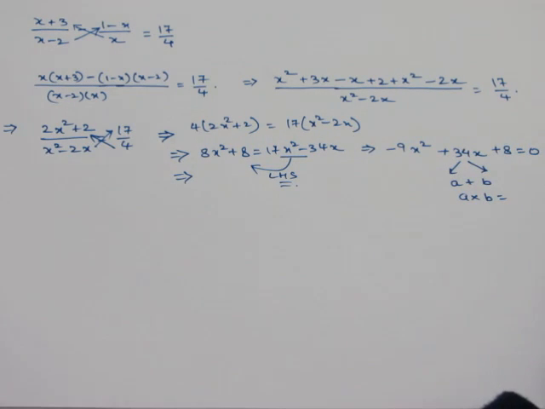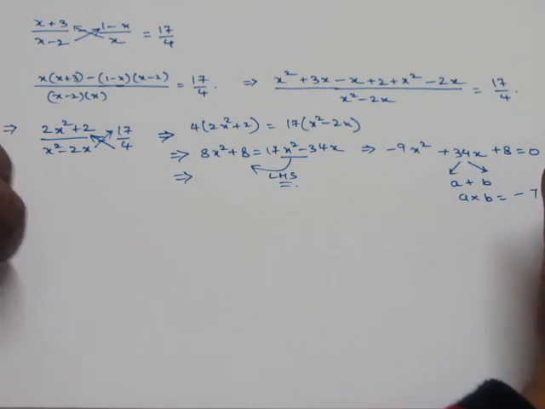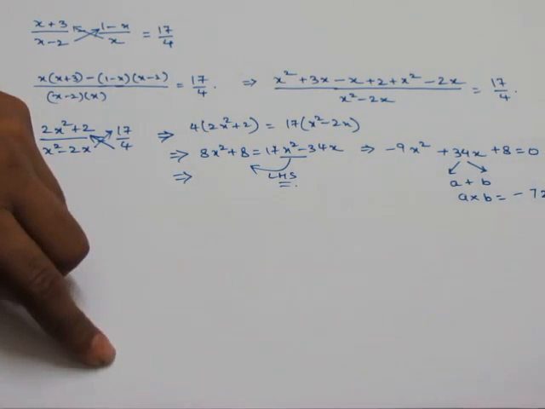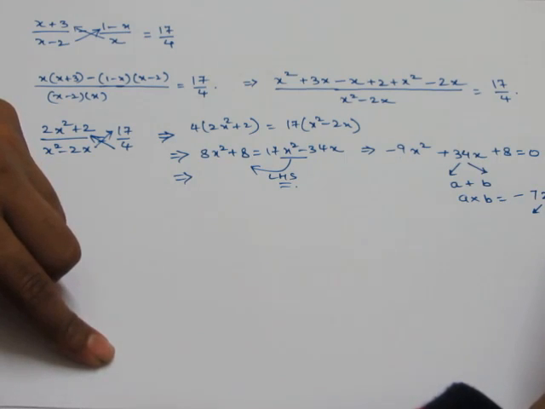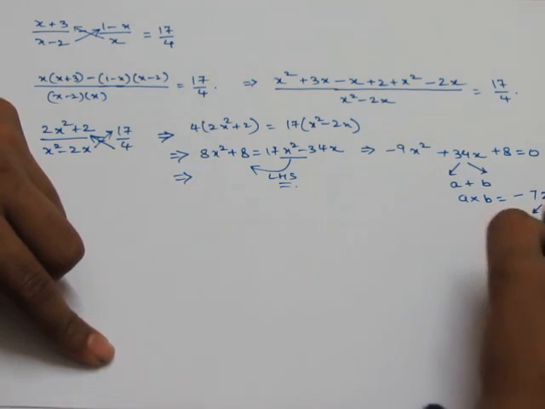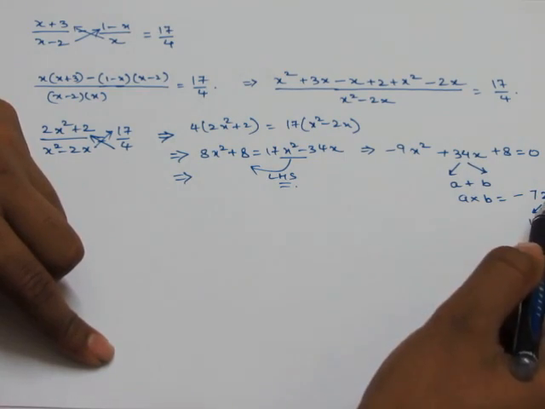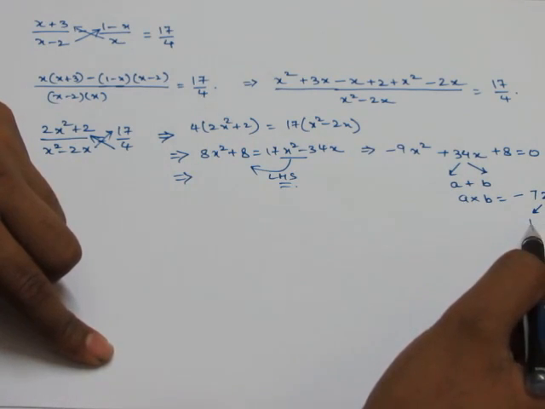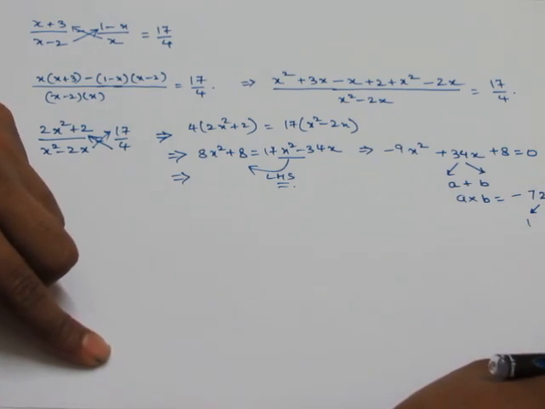So minus 9 into plus 8 gives me minus 72. So when I factorize this now, what do I get? 1 and 72. The product is 72. Sum is 73. Difference is 71. This much is clear.